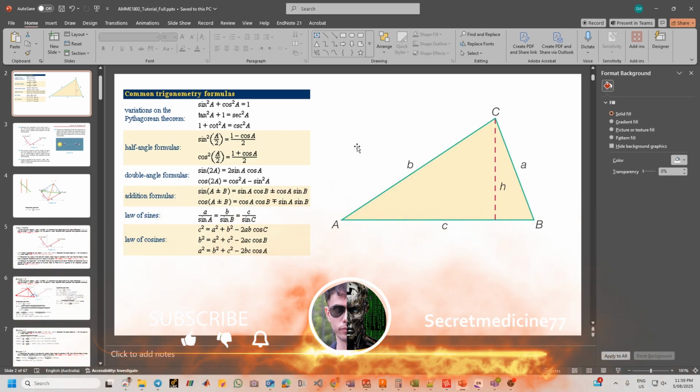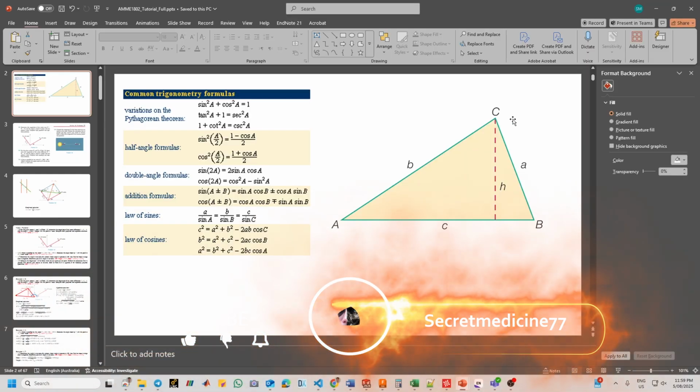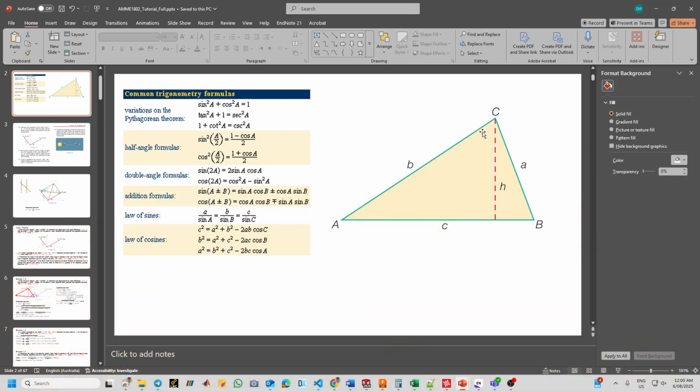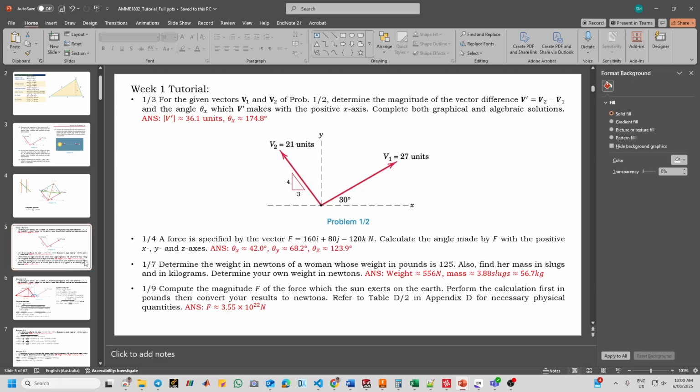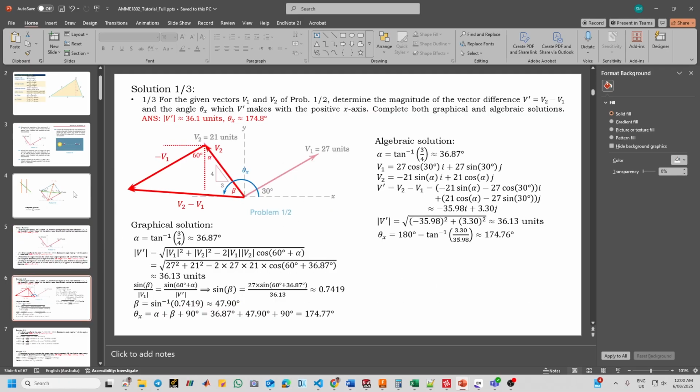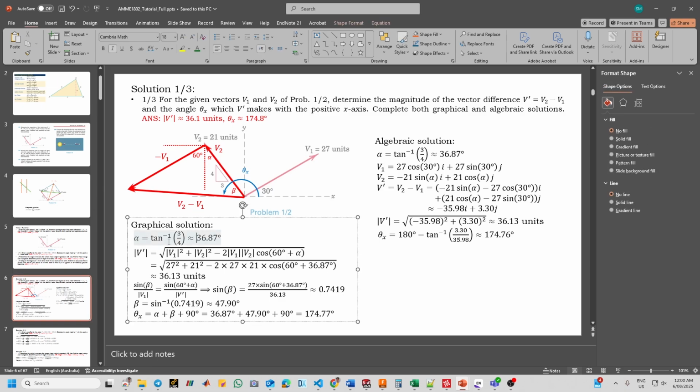So we know what A is and what B is, and the included angle, which is, for example, capital C. You just plug it in the first formula, and then you can find lowercase c. This is another way, but you will get the same result, and v prime will be equal to 36.13 units.